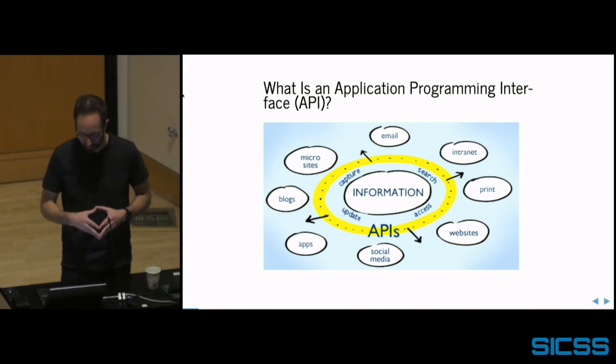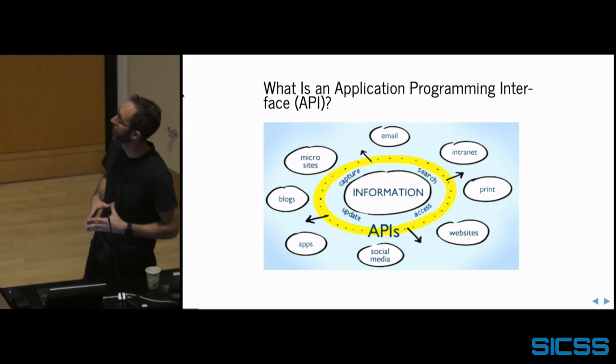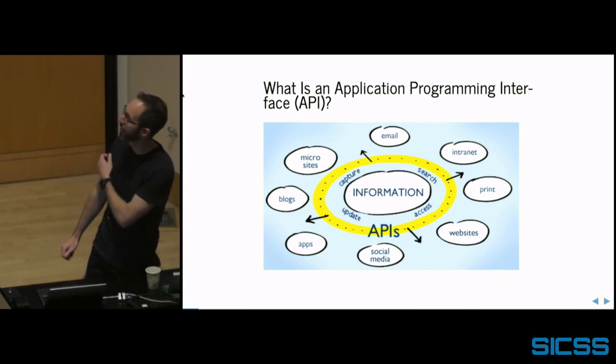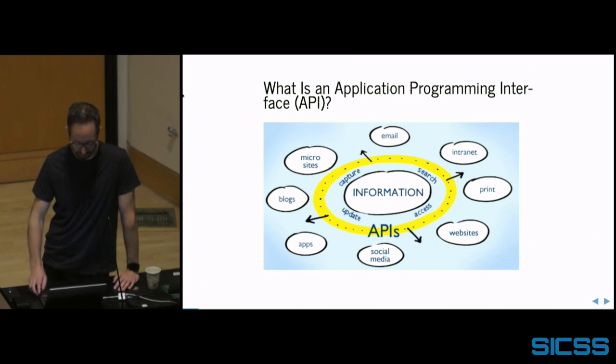So this super awesome infographic here gives some examples of what an API might do. It's this kind of yellow band that connects all of these different structures on the internet and allows information to flow between them. Although, as I'll say at the end, what APIs can do now is actually going beyond just sending and transferring information.